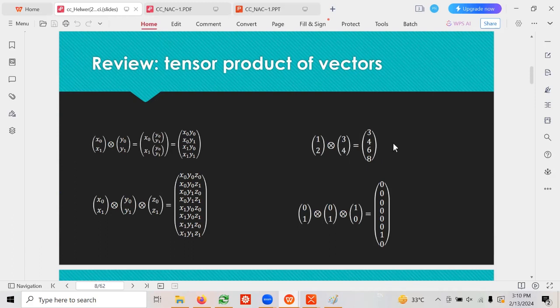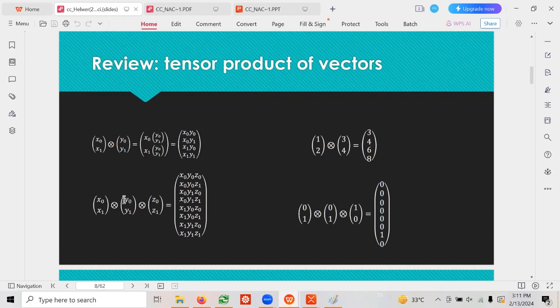But a tensor product in linear algebra, this you haven't taken. For every 1, you take 3 and 4. For every 2, you also take 3 and 4. So you say 1 times 3, 1 times 4, and then 2 times 3, 2 times 4. Does that make sense? And you can do this successively, right?